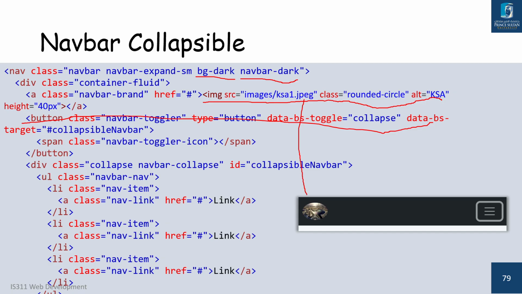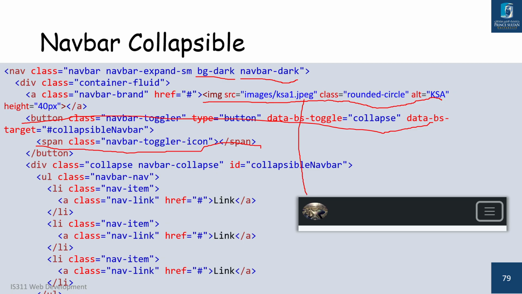So when the size of the screen becomes very small, then it will replace that visible nav bar with that toggle button. So when you click on that, it will show you the dropdown. That is actually coming from this specific part. You can say the toggle button, and then we are making that collapsible, and span toggler-icon. When we come into that situation, a very small screen, then we are showing that toggler button.